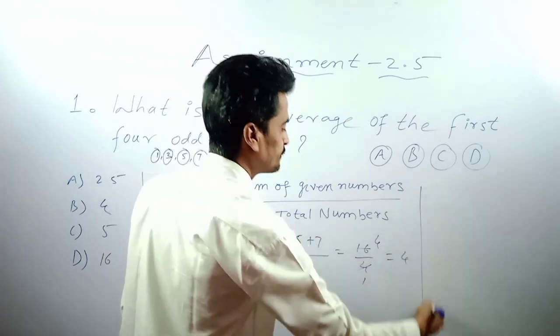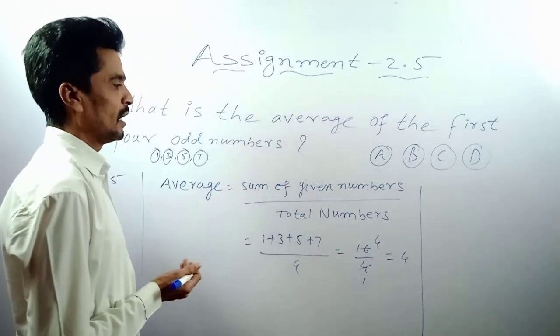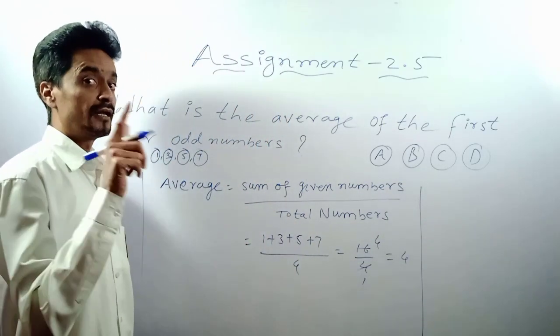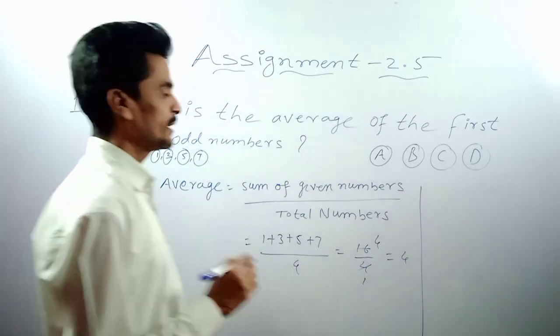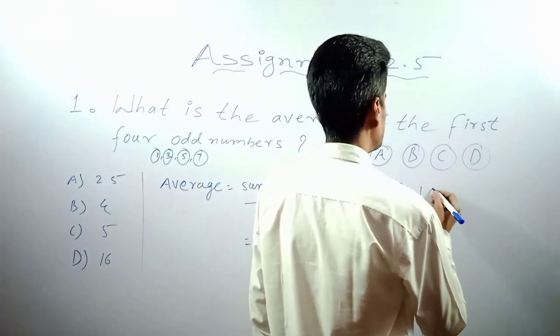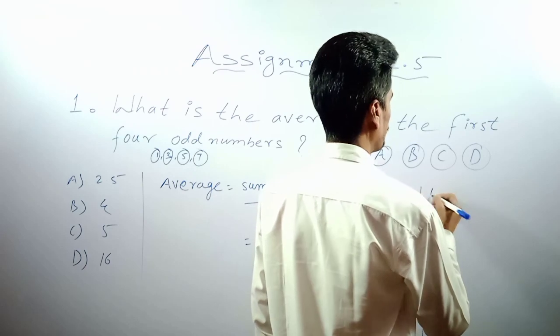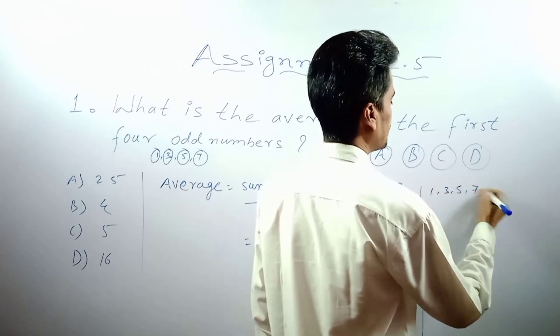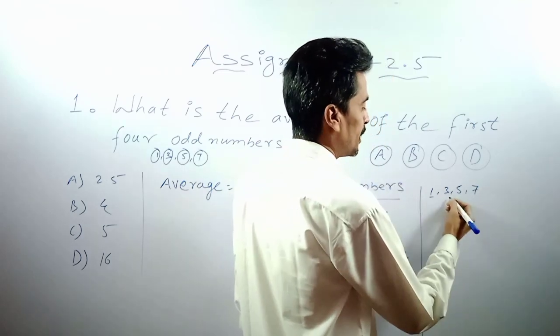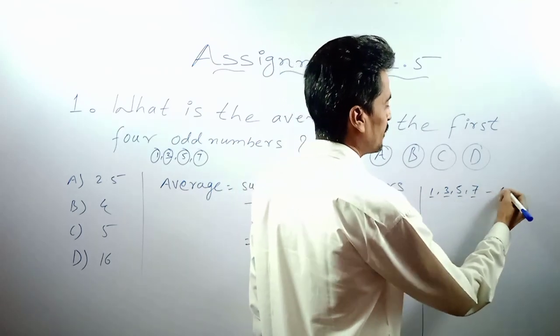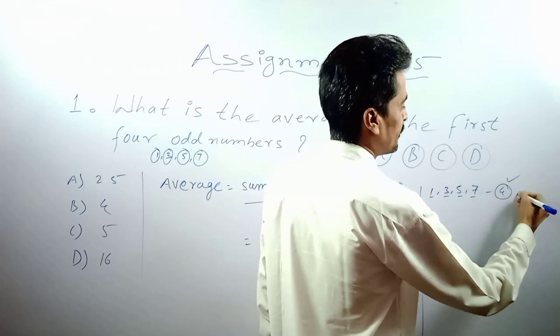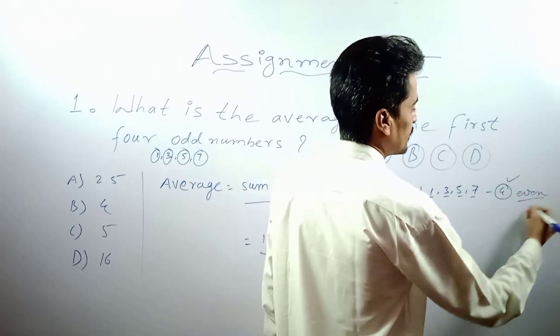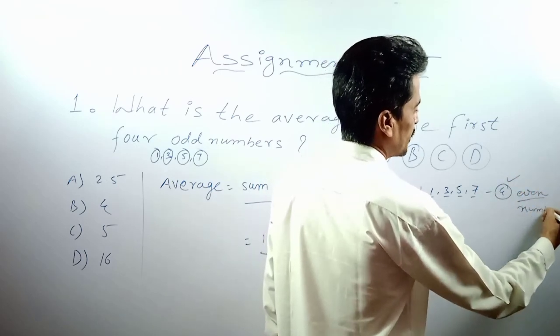So it is one formula. Again, another formula. If there are numbers 1, 3, 5 and 7, total numbers are 4 and 4 is an even number.